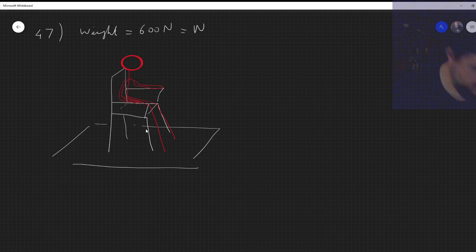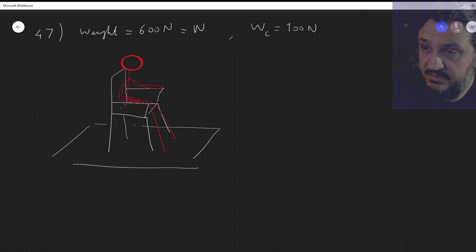Alright, so the chair weighs 100 newtons. So this is the weight of the woman, but we also have the weight of the chair, which is 100 newtons. Each armrest exerts an upward force of 25 newtons on her arms.